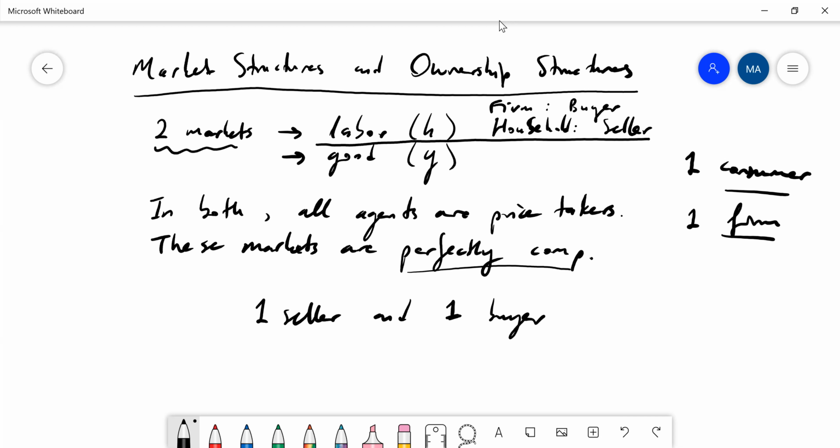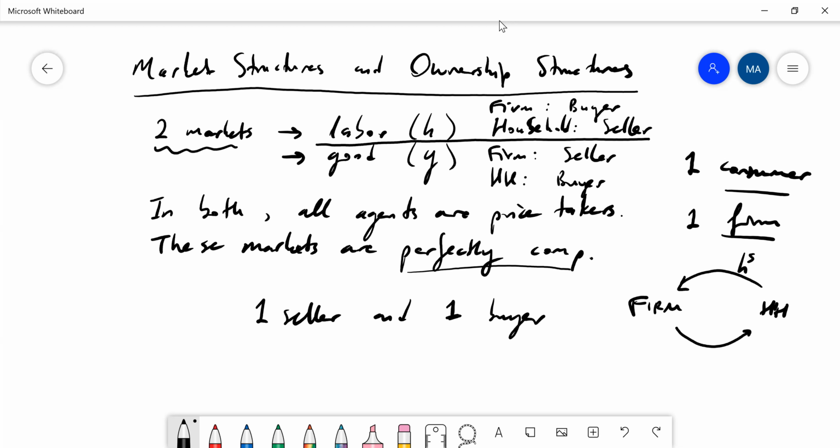In the good market, firm is the seller and household is the buyer. Okay? So if firm is here, household is here, so labor goes from households to firm, and output goes from firm to the household, all right?